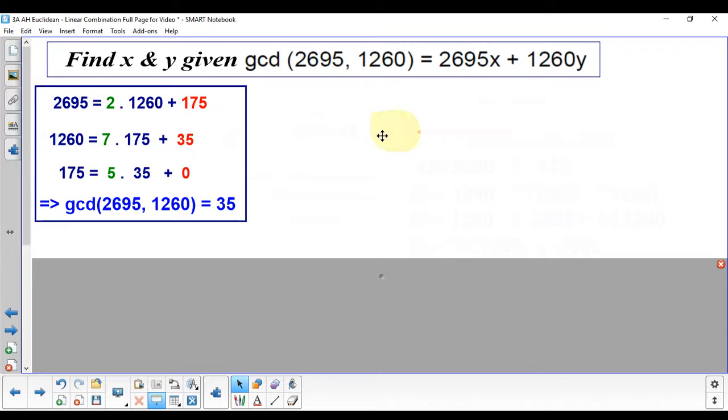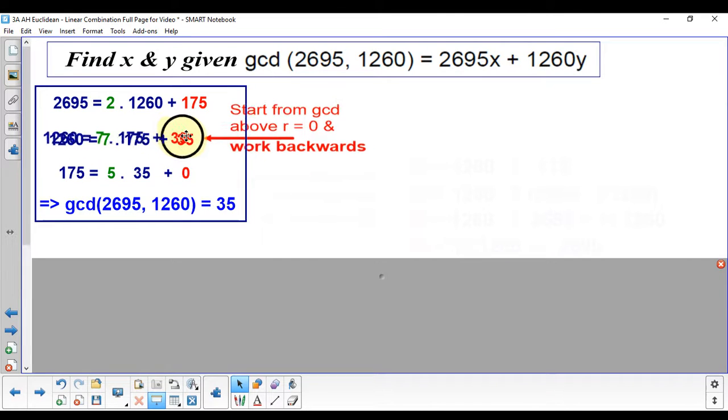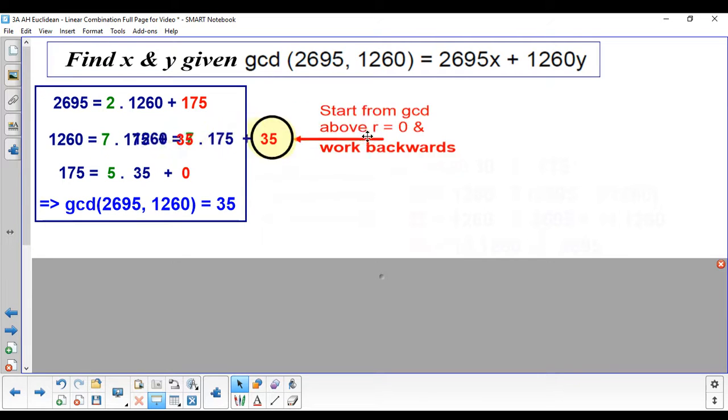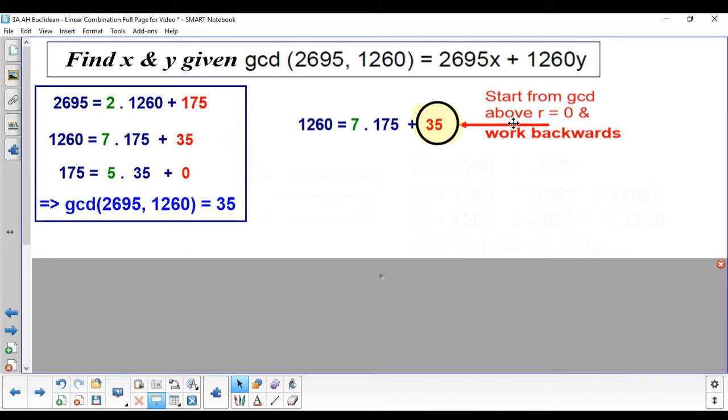The next thing we're going to do is look at that 35. And if you remember, I said we're going to start from the one above this 0. I've done this the wrong way, I'll pull this over here, okay? You have to represent this as 35.